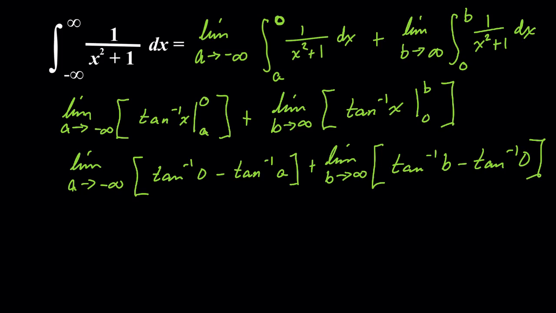All right, so let's think about what the graph of tangent inverse looks like, first of all, for evaluating these. Tangent inverse looks like this, where you do have a horizontal asymptote right here at pi over 2, and you have another horizontal asymptote at negative pi over 2.